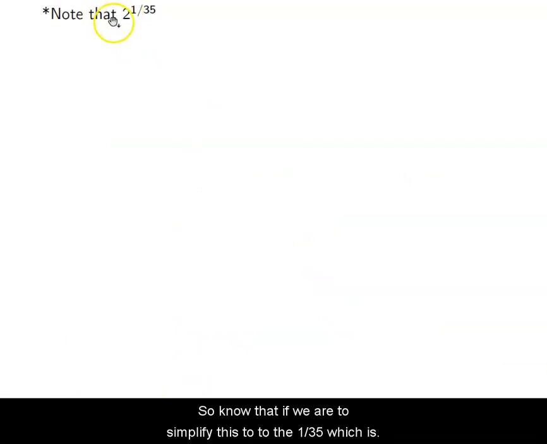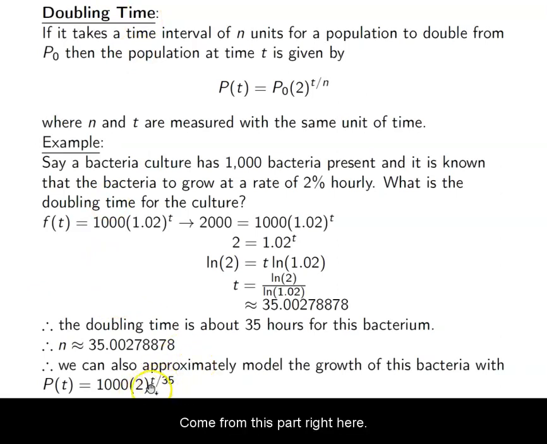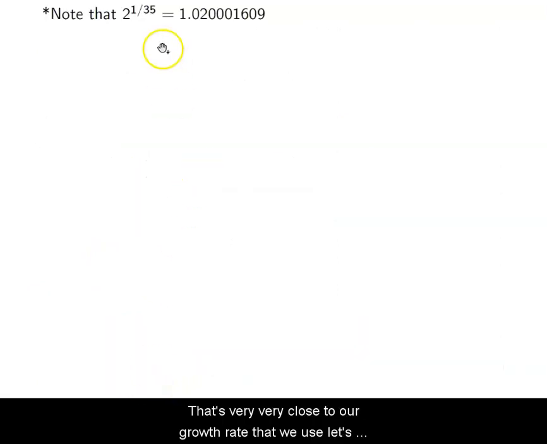So note that if we were to simplify this, 2 to the 1 over 35, which is coming from this part right here, that's very, very close to the growth rate that we used. Let's say we stay to 4 decimal places of accuracy, 1, 2, 3, 4, right? Nothing would change. It would be 1.02 still.